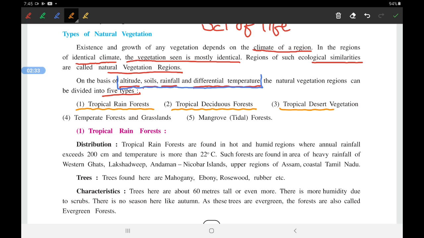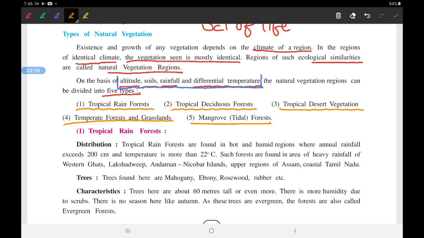Third is tropical desert vegetation. Desert means a hot sandy area, usually found in Rajasthan and nearby areas. Next, temperate forest and grasslands, which are found more towards the northern side of India. And fifth is mangroves and tidal forest, which are found near the tide or the oceans.